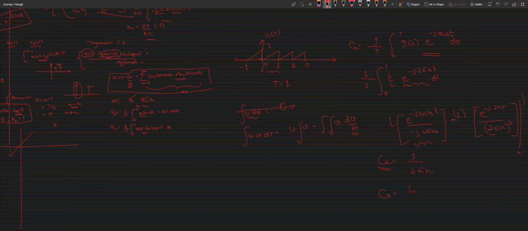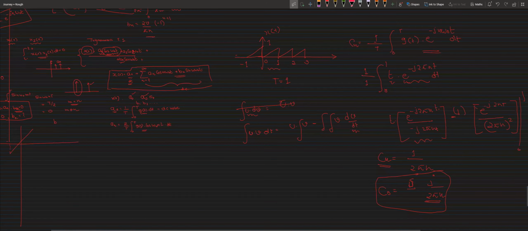Actually C0 is j by, not 1 by, so it will become j by 2 pi n. So C0, the DC component, you have to apply the limit formula and find that. So it will become half.